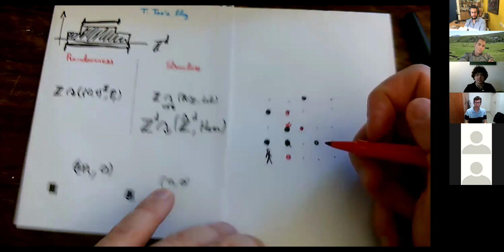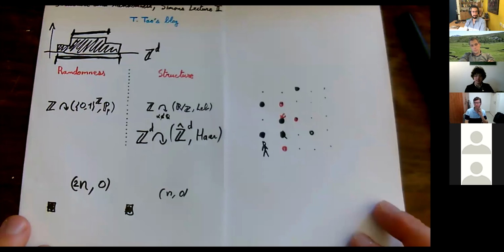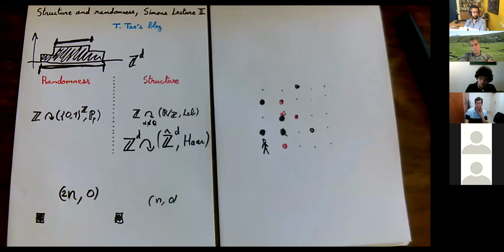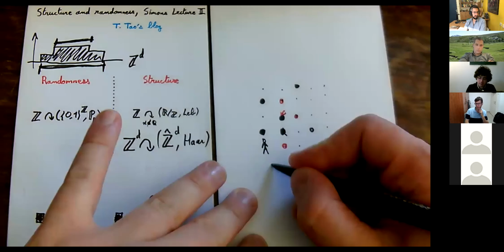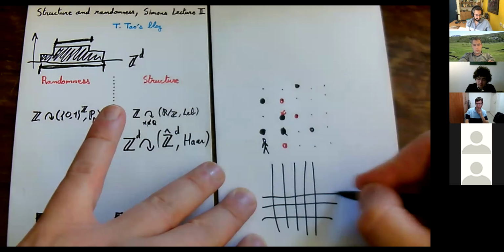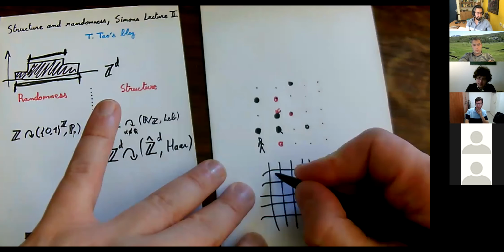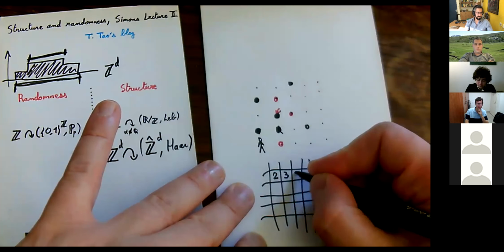And if you do this, you can prove that taking Benjamini-Schramm limits gives the following. On Z^d, you take the limit of the GCD coloring. Maybe this guy has GCD 2, this one has GCD 3, this one maybe 2, this one 4.